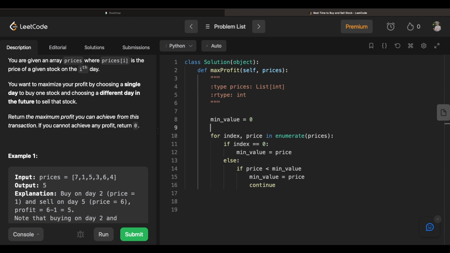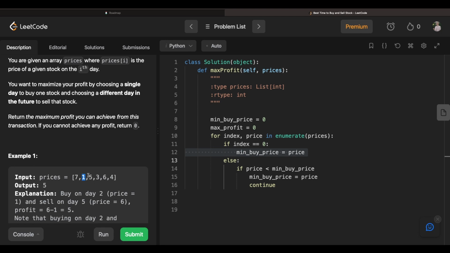We could continue. We also want to keep track of max profit, because this is what we're eventually going to return. Why don't I call this, instead of that, min buy price. Right. So the minimum buying price we set initially to the first price. So in this case, we'd set it to 7. Then every time we check if the price we're currently at is less than that.